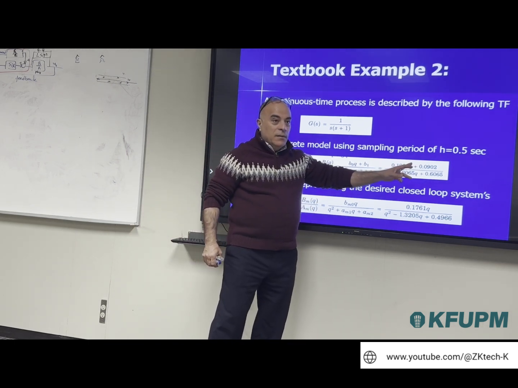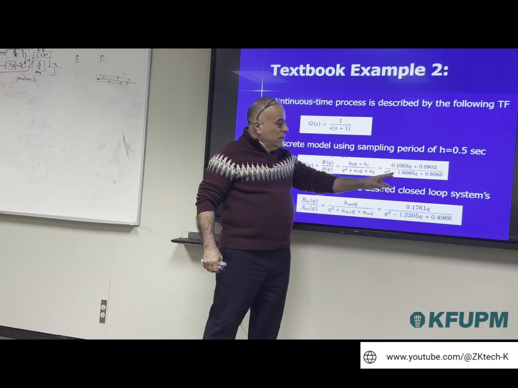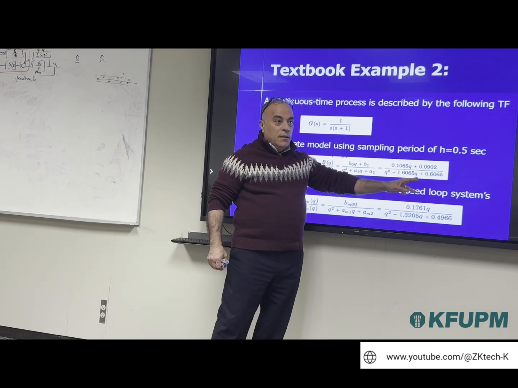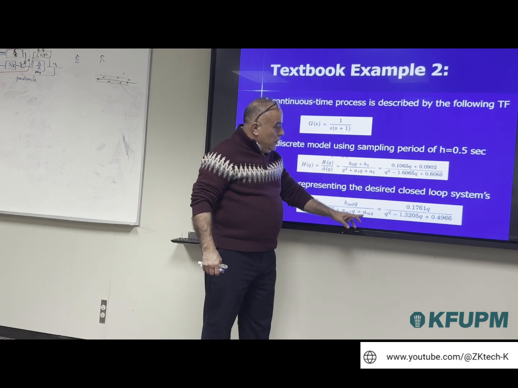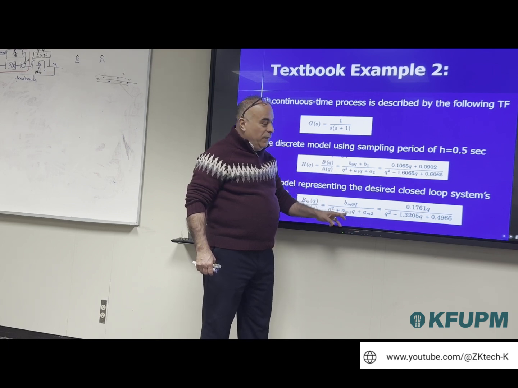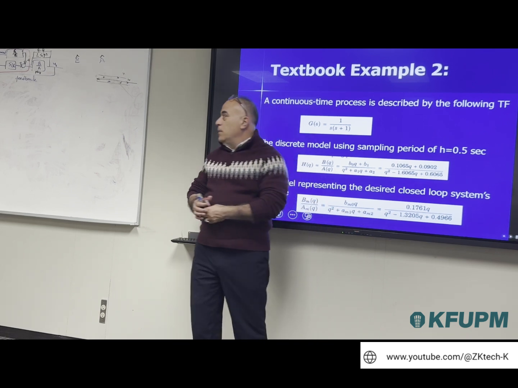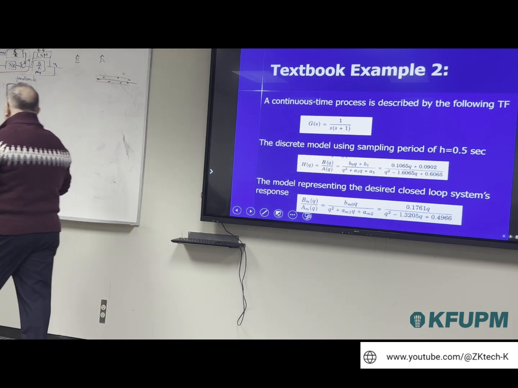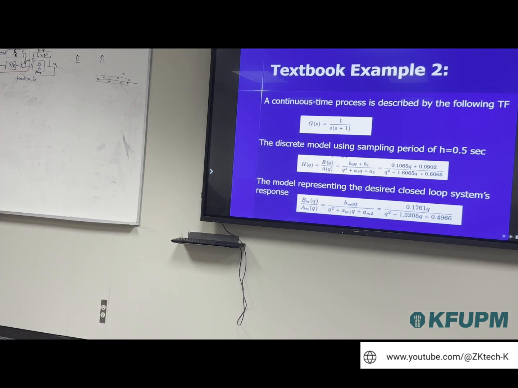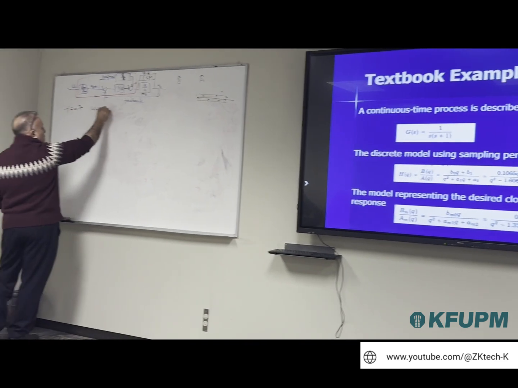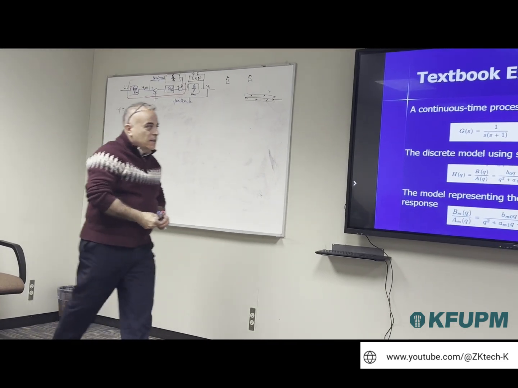So according to our compatibility conditions, we said that BM has to be the same degree as B, and AM has to be the same size as A, right? The requirement to find the value of AM is that zeta is equal to 0.7 and omega n is equal to, I forgot, maybe it's in the next slide, let me check.